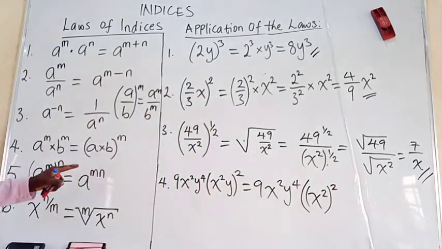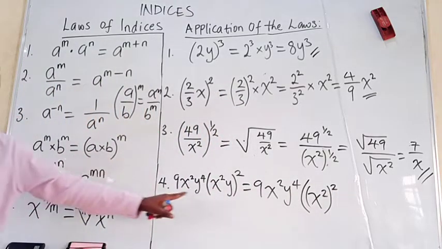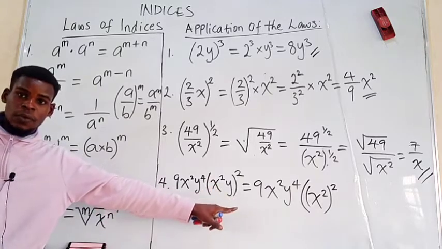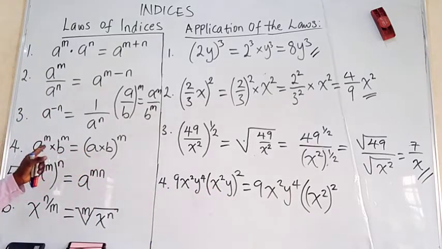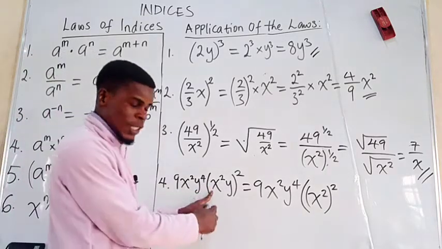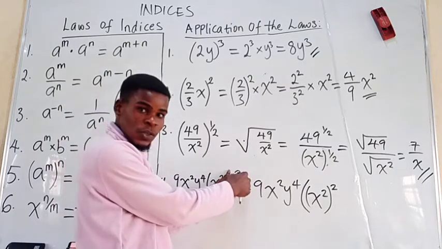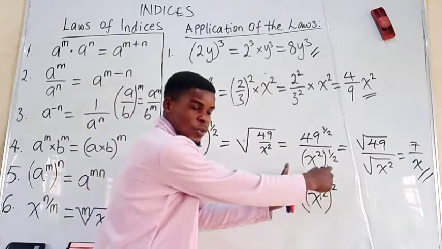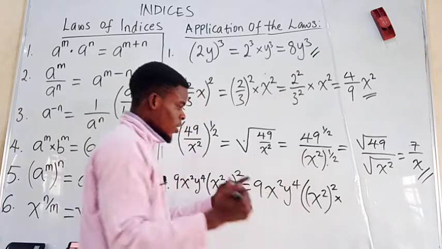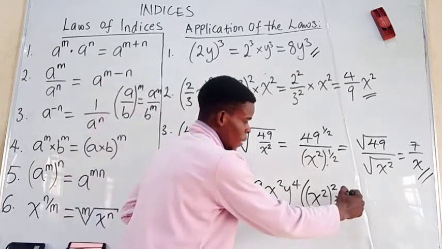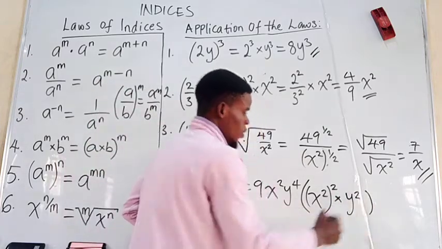Remember, whenever we're having product of some terms, that is x times y. This is x squared times y, sorry. Then we're just going to take the first term to power m times the second term to power m. Okay, so that means the first term, which is x squared, to power m, which is 2, times the second term, which is just y, to that same power 2. Okay, very nice.